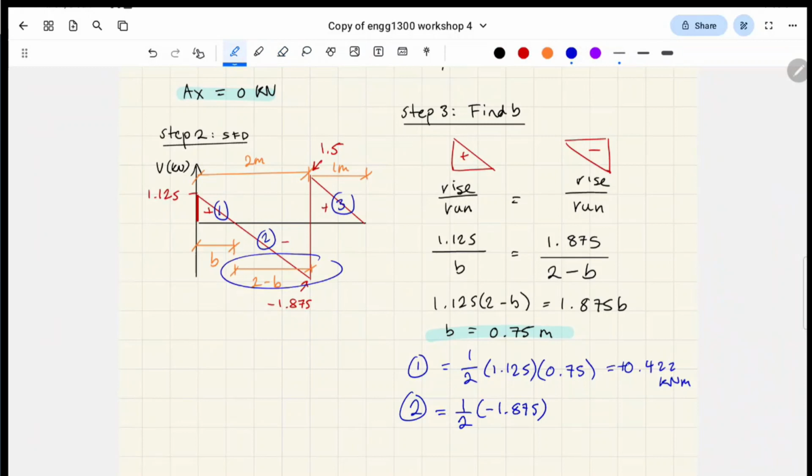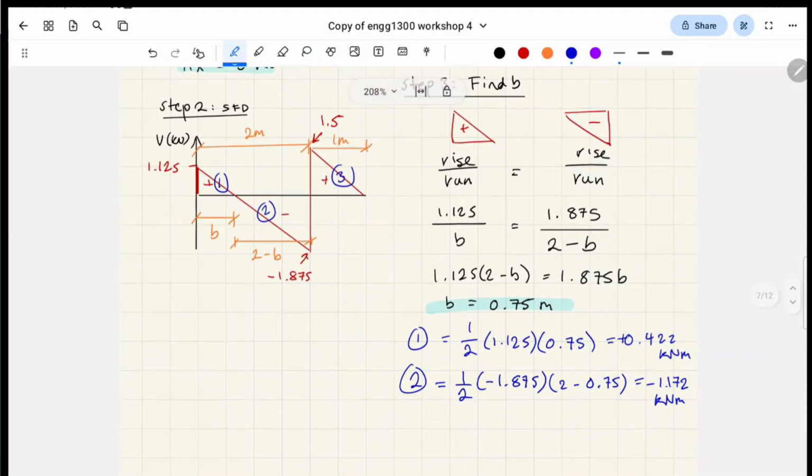We now have to multiply the base by 2 minus b. It's 2 minus 0.75, so once we punch that into the calculator, you'll get negative 1.172.